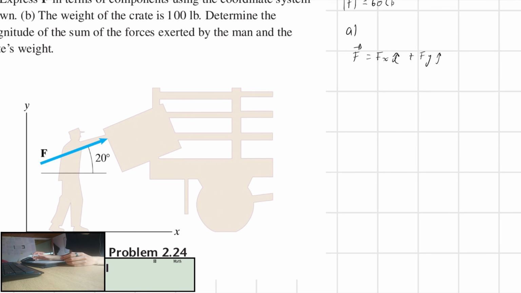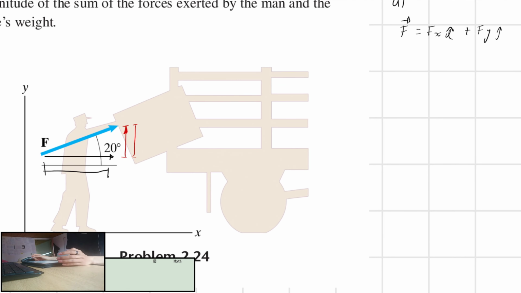Now, I do not have any way to know the magnitude of the X component, which is this one, nor the Y component, which is this one. But I have the angle.